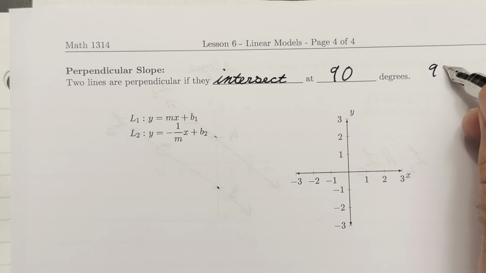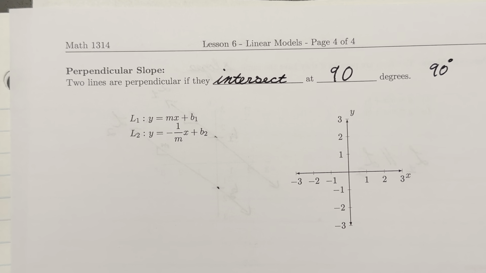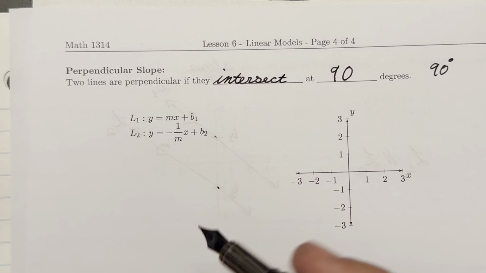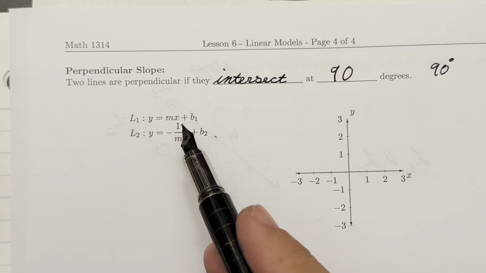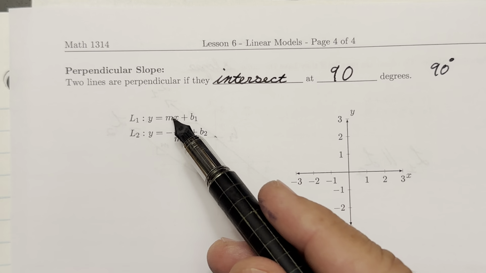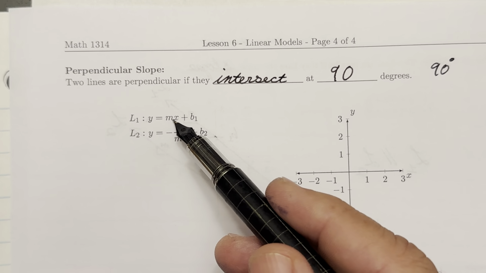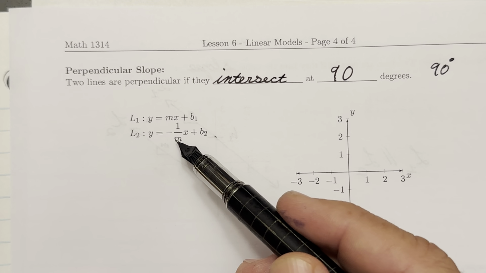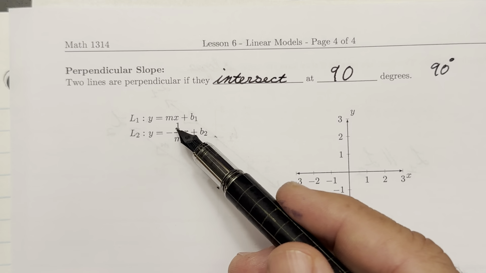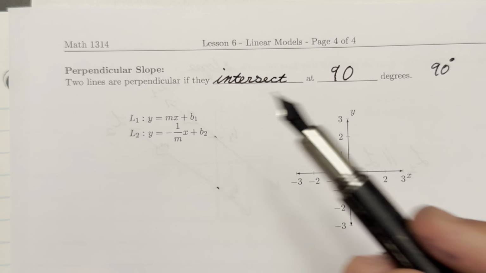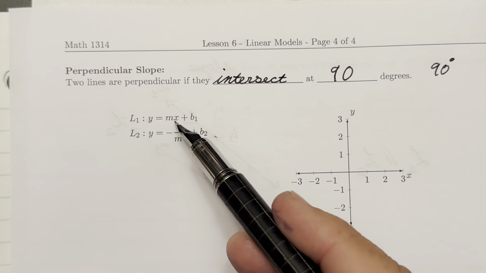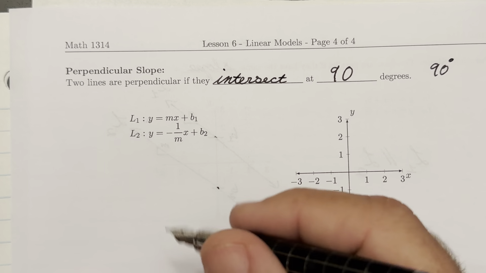You usually use the superscript circle for the degree symbol. And basically the slopes would be what's called the negative reciprocal. So note that the slope here is m, and the same number m in the other line gives us a slope of -1 divided by m. That's what the slopes will be if they are perpendicular.